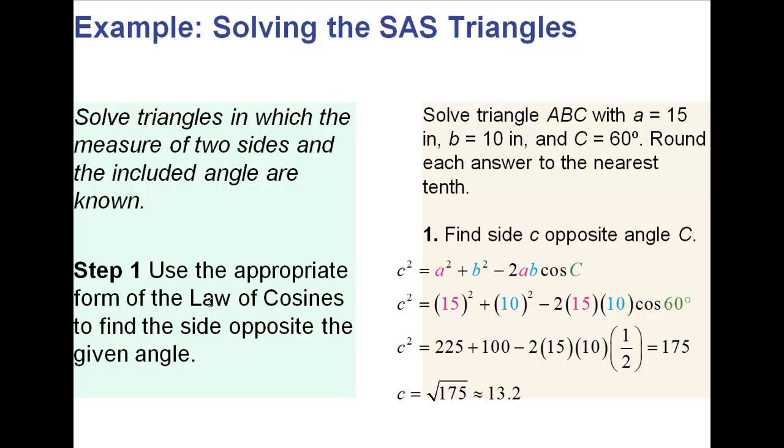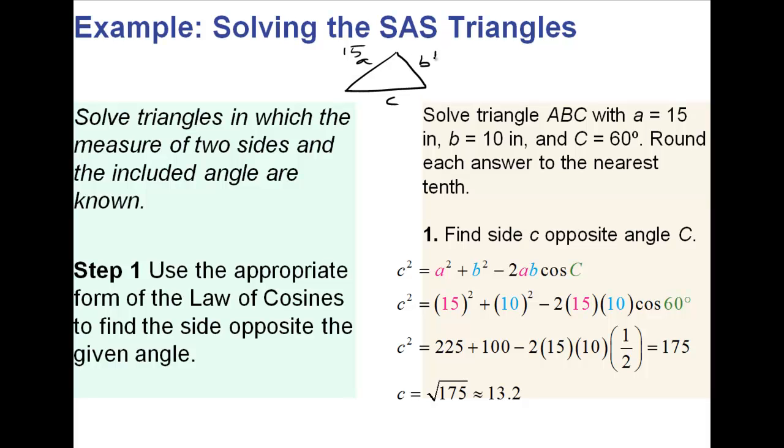Here's our first example. We want to solve or figure out triangle ABC where A is 15, there's our side, B is 10 inches, there's our side, and then C, there's our angle of 60. And you think, well, how come that's not side-side-angle? Well, if you drew a picture of a triangle, it doesn't matter what it looks like, just some generic triangle, A, B, C. They tell us this is 15.